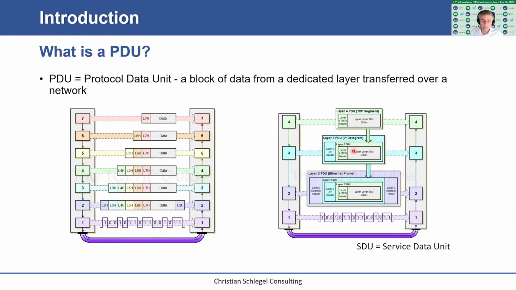And from this service data unit, layer 3 creates its own protocol data unit. So these are the two terms that we now see in the presentation, so that we have a common understanding for this.